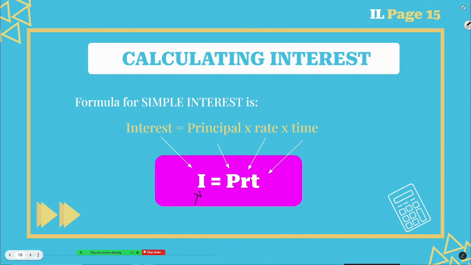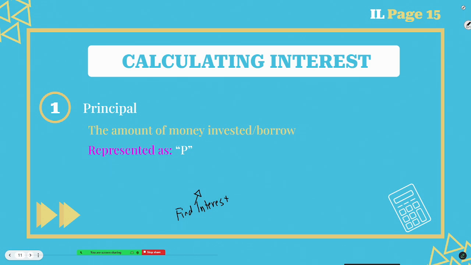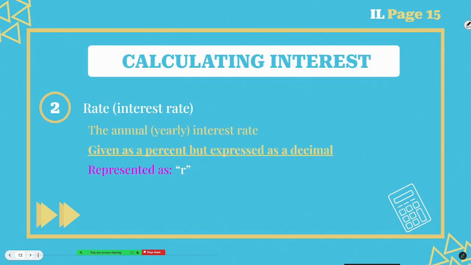The whole point of this formula is to find interest, and we do that by calculating PRT. So P is the principal, the amount of money that is invested or borrowed. It's that initial chunk of money that you're working with.